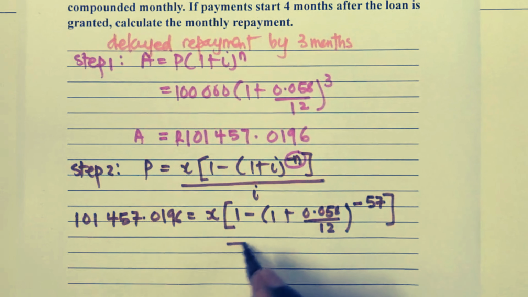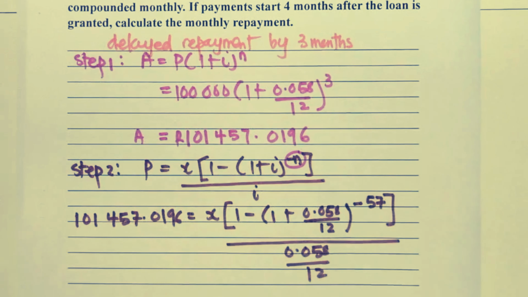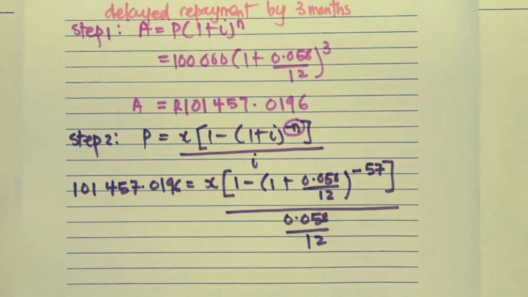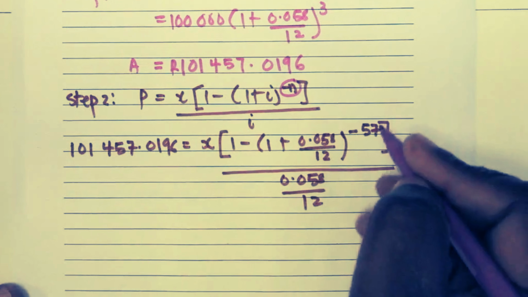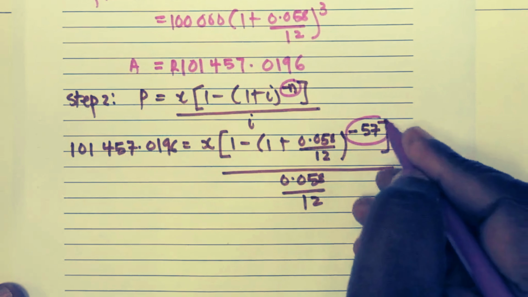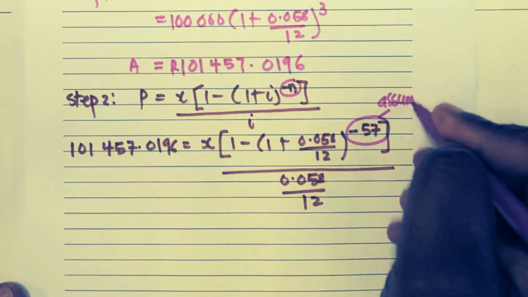And then I divide by the interest rate, which is compounded monthly. I want to point out again here, on this part here, this is an assumption that we've made.